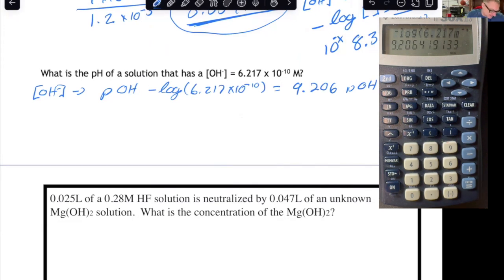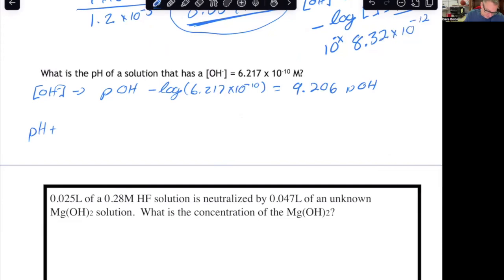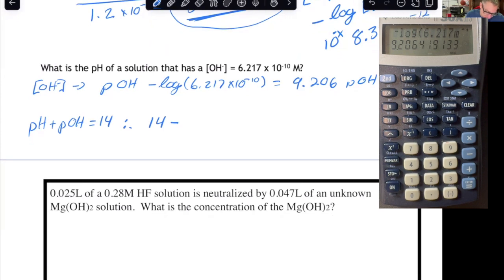Now, pH plus pOH equals 14. So therefore, 14 minus my pOH of 9.206, or second answer if you want to use that because it's convenient, is 4.793, etc. So 4.79.